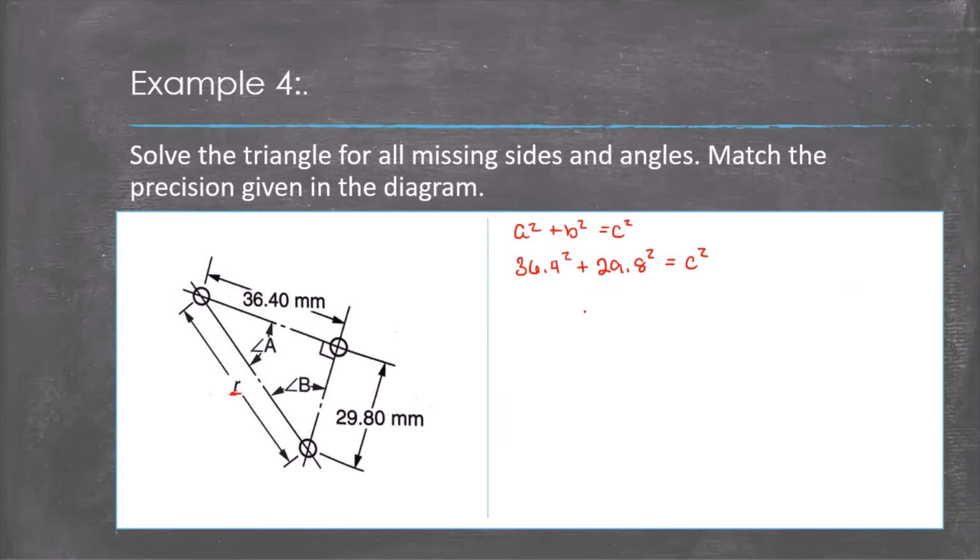Sum these two together, following order of operations. 2213 equals c squared. Okay, we're going to call our c as our r. Take your square root. Don't forget your square root. That's really important. C is equal to 47.04 millimeters.